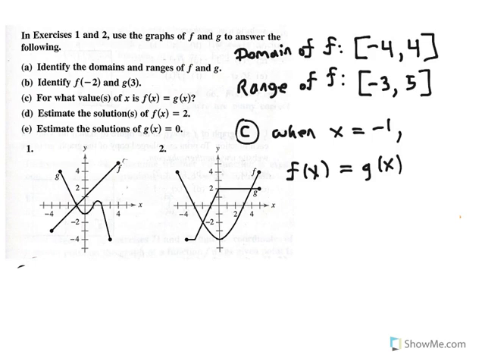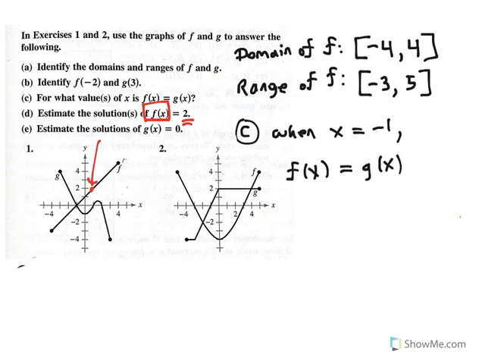Part D says, estimate the solutions of f of x is equal to 2. So for what x value is the output from the function f equal to 2? That's another way you can phrase the question. And you can see that that happens here.